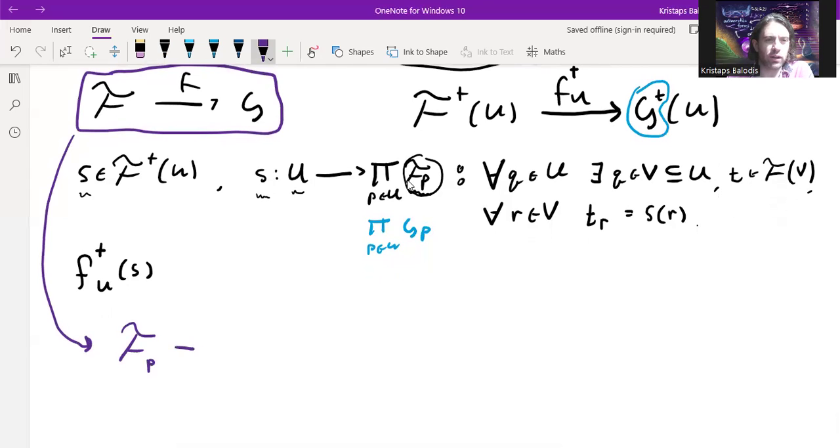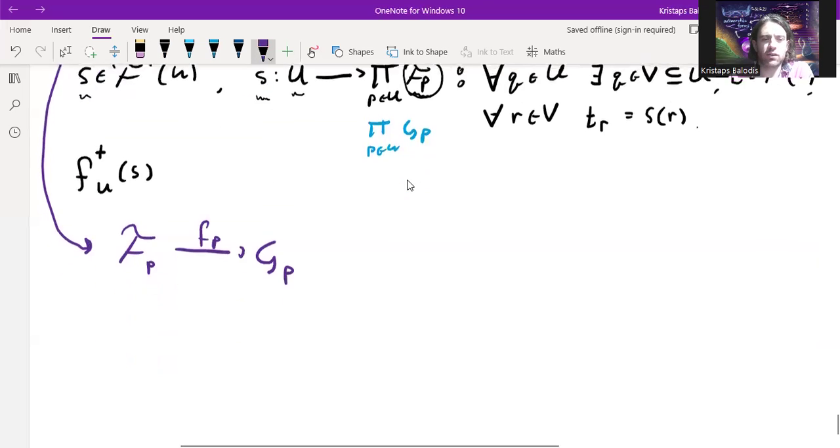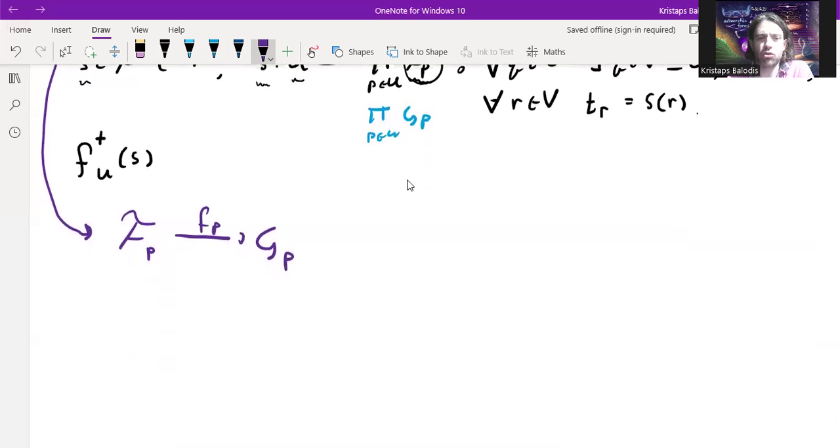So for every point, I get an induced map on the stalks. What is that map? Well, it's just sort of the obvious guess, I would say. So let's think about what this map has to be, right? So the elements of this are equivalence classes of a pair of an open set and some section, right?